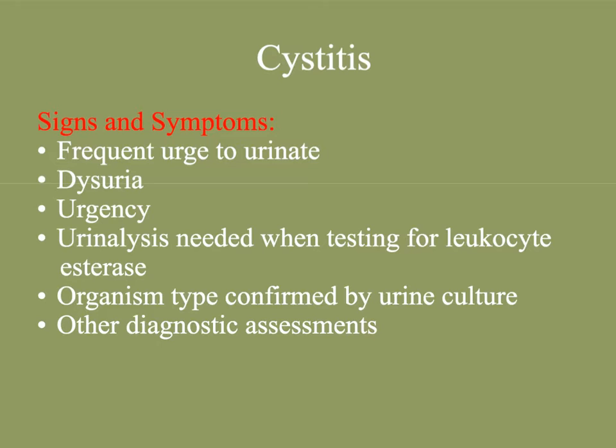Other things that are natural ways to prevent are cranberry substances, such as cranberry capsules or tablets or juices. It's not a treatment for it, but it's a preventive measure, because the cranberry can minimize the glucose in the urine, and so it decreases the ability of the bacteria to grow.